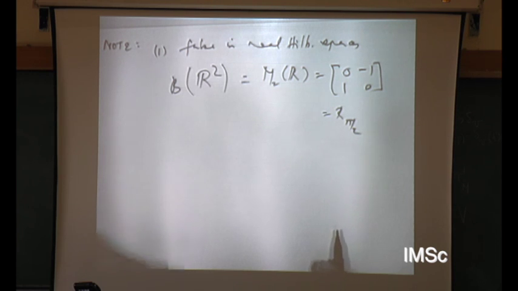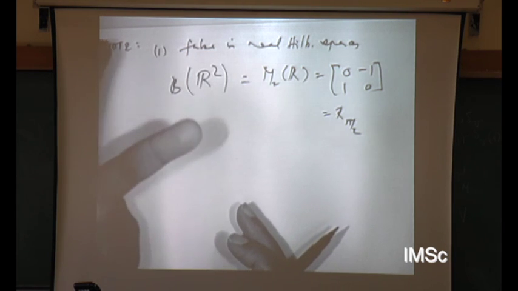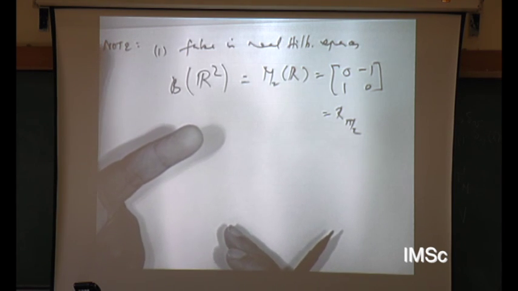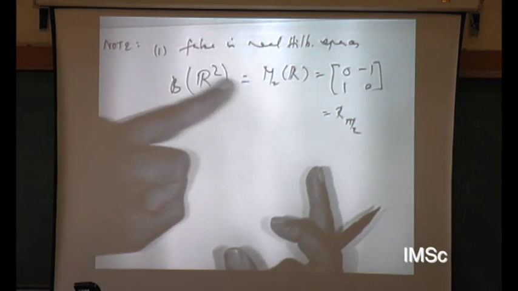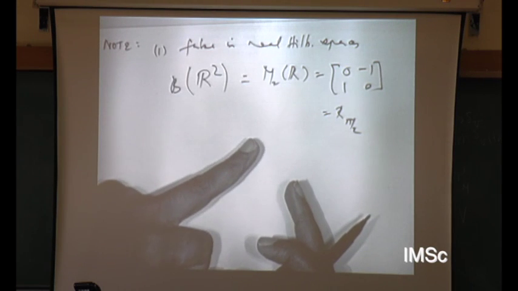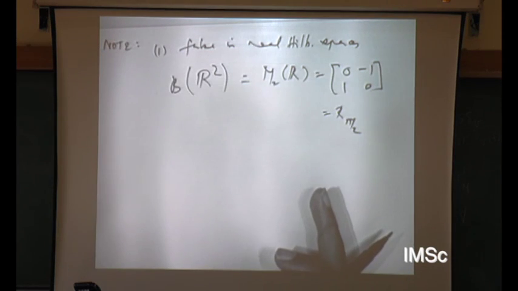And it is clear that if you take any vector, rotate it by 90 degrees and then take the inner product, you will get 0. So this operator will have quadratic form identically 0, but it is not the 0 operator.